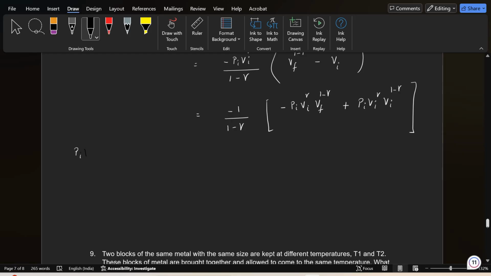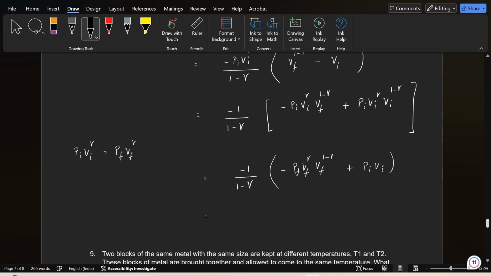Similarly, PI VI to the power gamma is equal to PF VF to the power gamma. This is already given. So with the factor 1 by 1 minus gamma, this is going to be minus PF VF plus PI VI. This is quite straightforward.